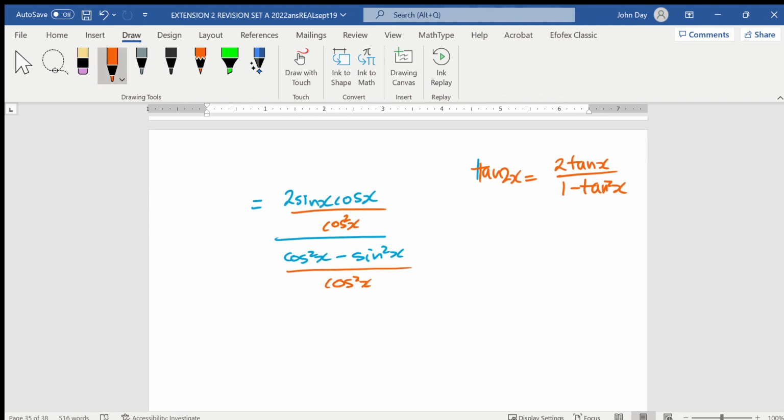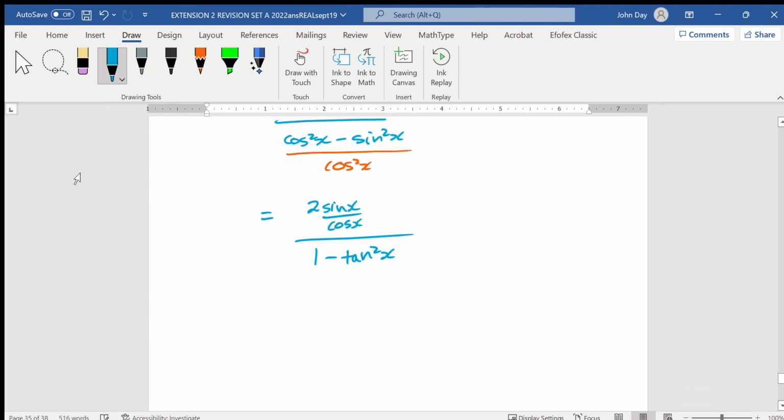So that gives us 2 sine x on cos x over 1 minus tan squared x. So that's 2 tan x on 1 minus tan squared x.